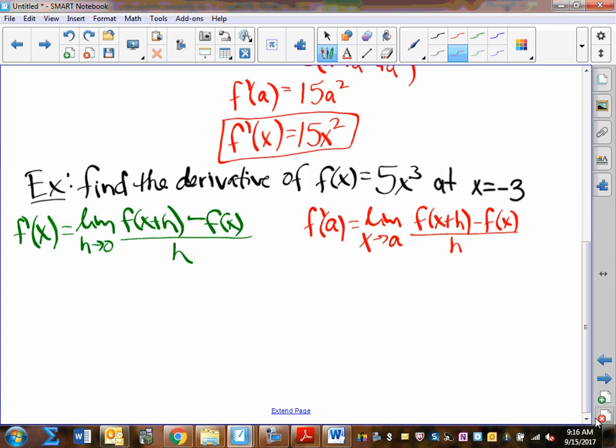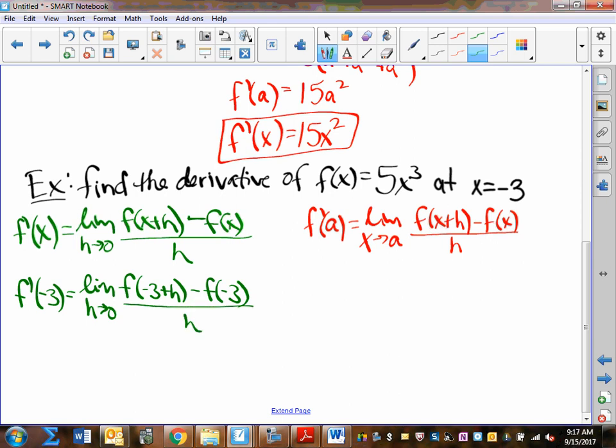Alright, so now we're looking for the derivative at x equals -3. We can actually go ahead and plug this in from the beginning. So if I look at my h derivative, I have f prime of -3 equals the limit as h approaches 0 of f of -3 plus h, rather than x plus h, minus f of -3, over h. So again, I'm just taking -3 and putting it in for x.